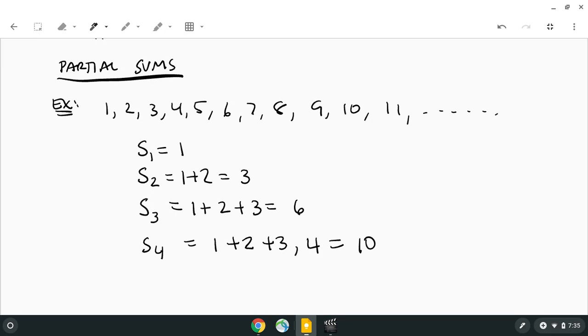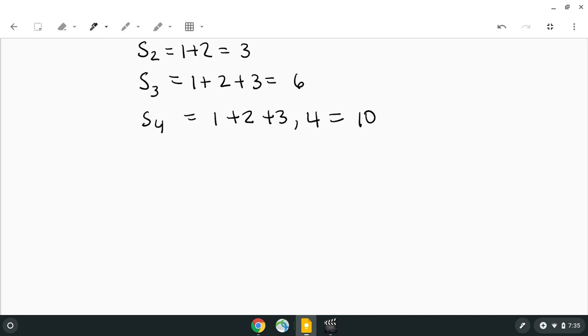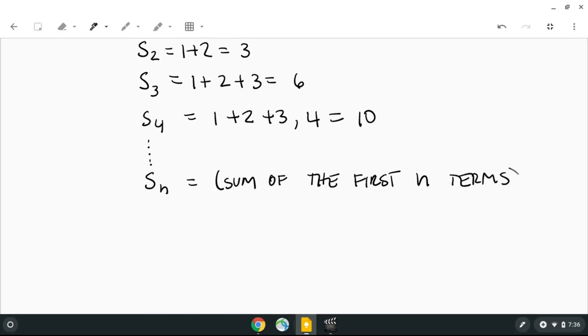We use this S with a little subscript to represent the sum. So we could keep going. S sub n would represent the sum of the first n terms. So if that were 100, then S100 is the sum of the first 100 terms.